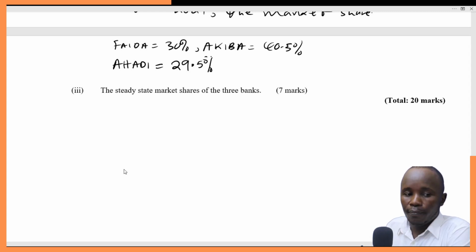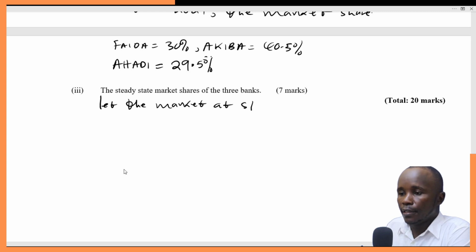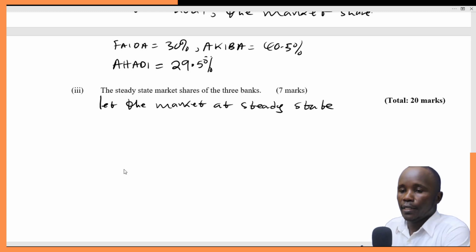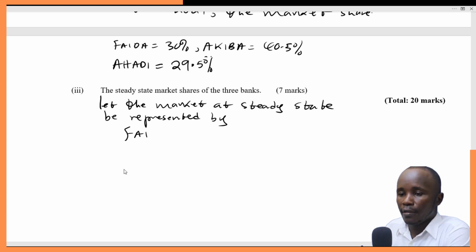Let the market share at steady state be represented by X for Faida, Y for Akiba, and finally Z for Ahadi.